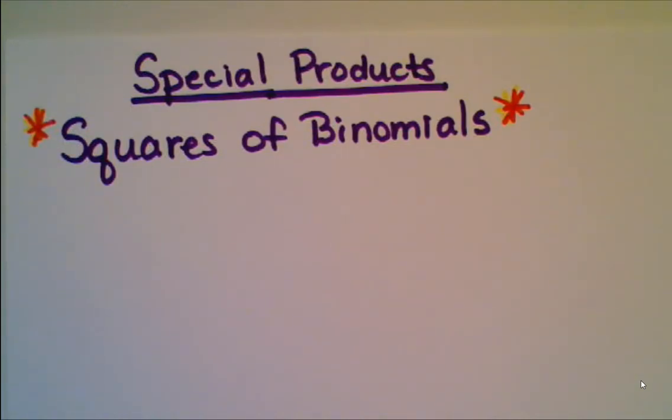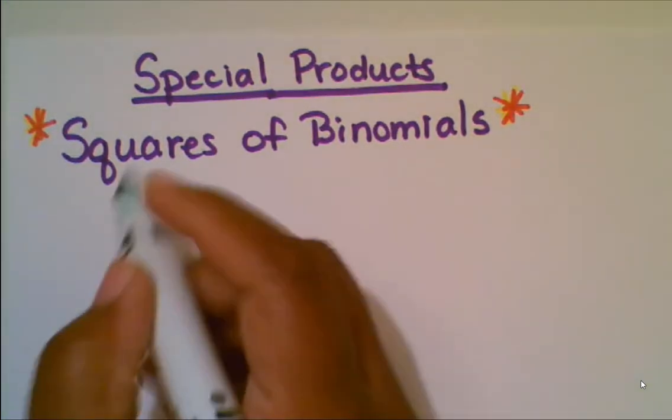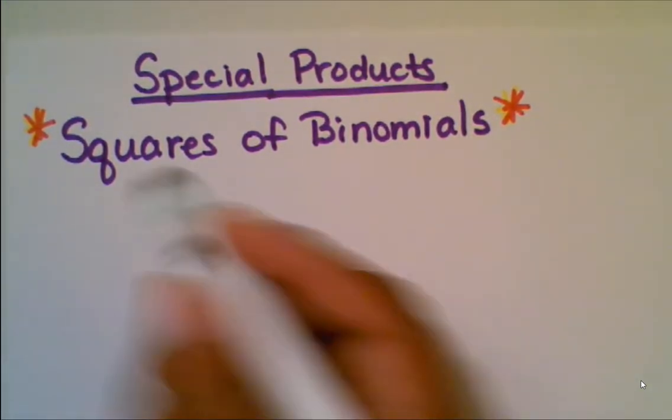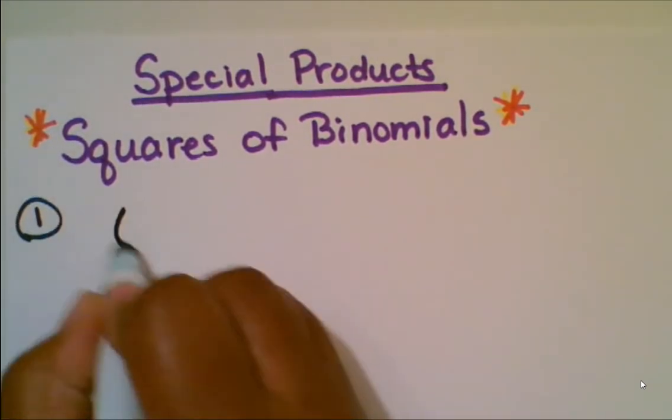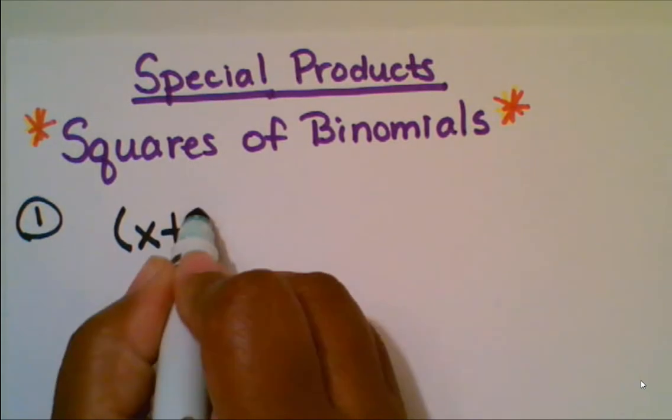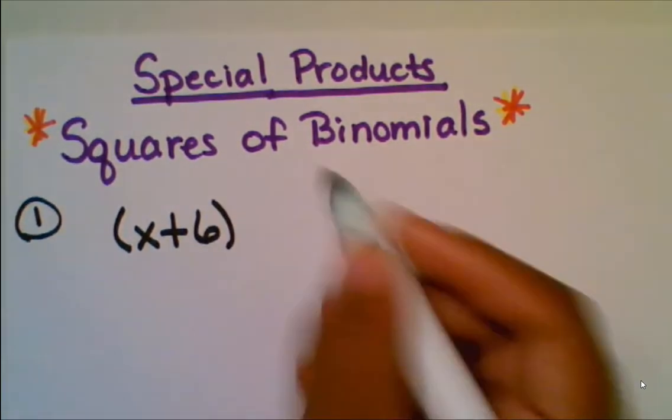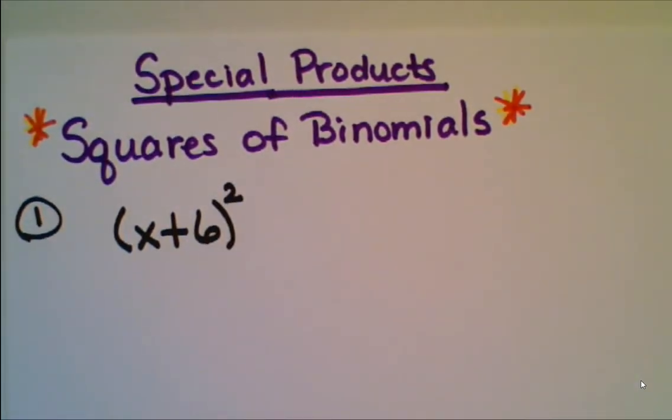All right, let's look at special products, squares of binomials. When we're talking about squares of binomials, we're looking at a binomial such as x plus 6, and we're going to square it.